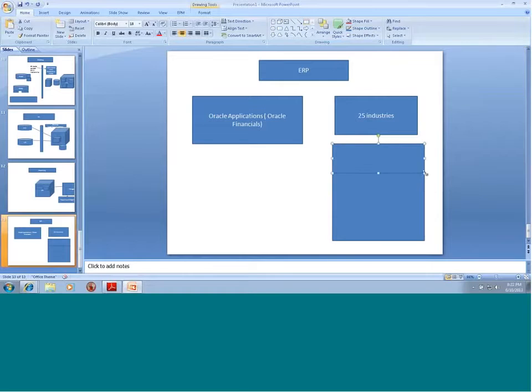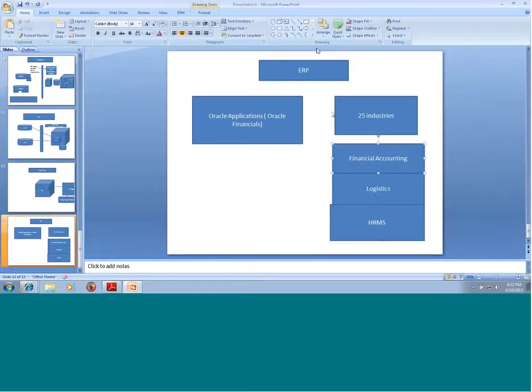If you look at it, it was focused on financial accounting, like that of Oracle applications. It also focused on logistics. And the third one is the HRMS system, which is the human resource management system.